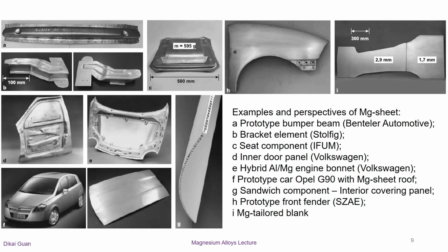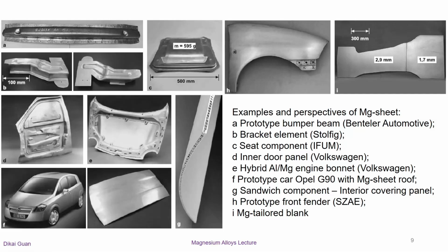A shows a prototype bumper beam, B a bracket element, C a seat component, D an inner door panel, E a hybrid aluminium-magnesium engine bonnet, F a prototype car with a magnesium sheet roof, G a sandwich component, interior covering panel, H a prototype front fender, I a magnesium tailored blank.